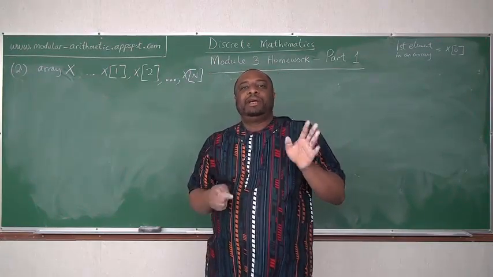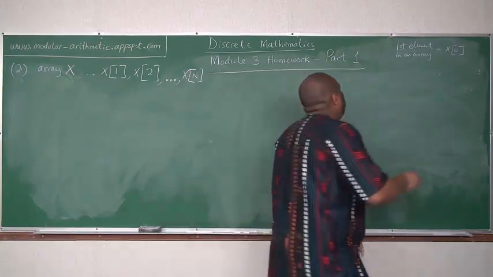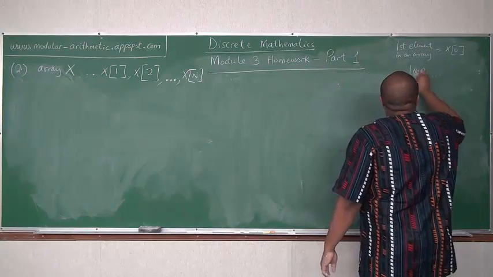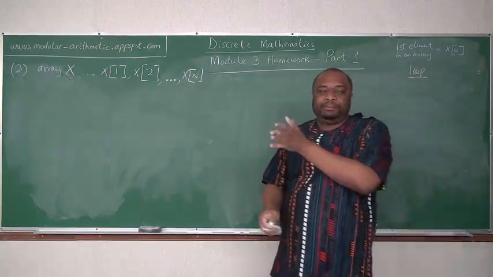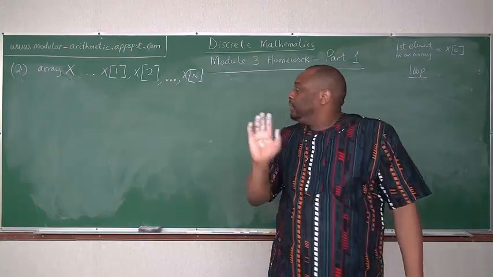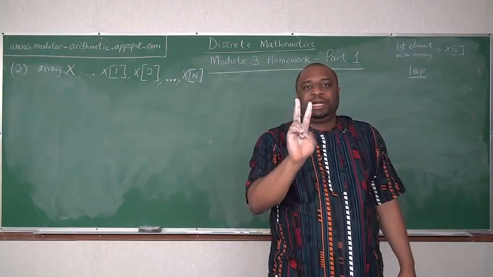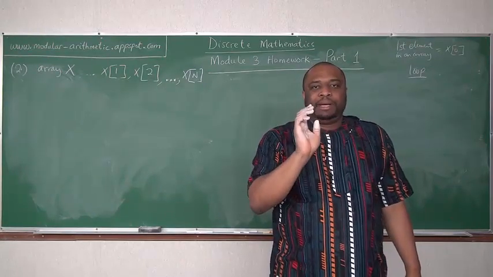Then we say, okay, let's loop through the array. So we go to the element in the first index, which is the second element, and set it to be the maximum.